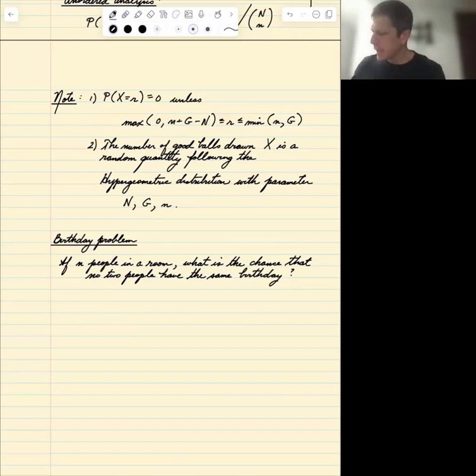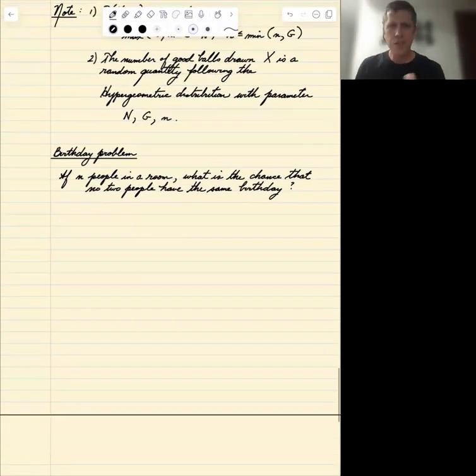So how does this generalize? Before, in the geometric distribution, what were we doing? We were picking out of an urn without replacement.